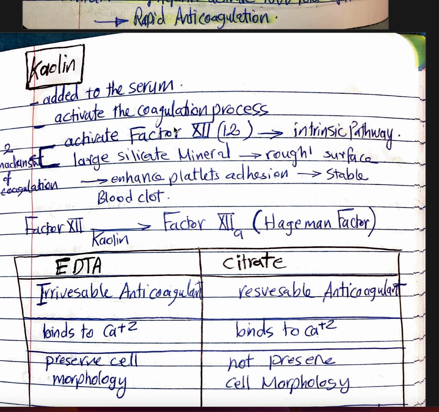This negative charge activates the platelets, coagulation factors and the intrinsic pathway, and that leads to the formation of a clot. So what happens is the kaolin simulates the tissue injury by creating a negative charge on the surface of a tube.